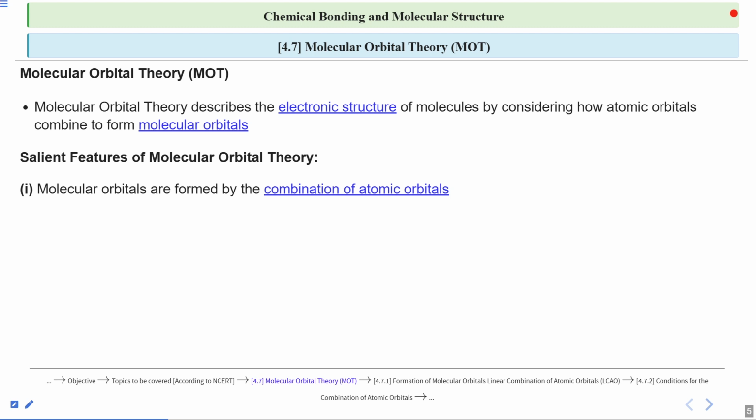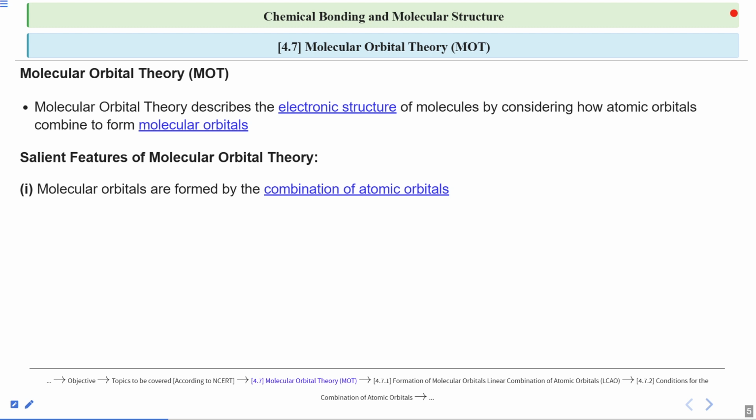An important difference in these two is that in the case of hybridization, I told you that you have to only combine the atomic orbitals present in the valence shell, right? But in the case of molecular orbitals, your inner core orbitals will also participate in the bonding. So the whole atom will participate in the bonding, not the valence shell only. This is the basic difference that differentiates the molecular orbital theory from every other theory that you have dealt with till now.